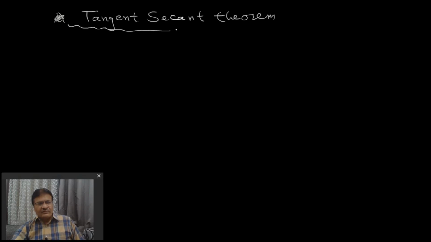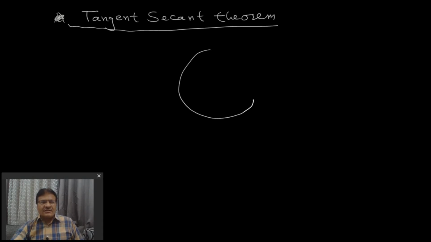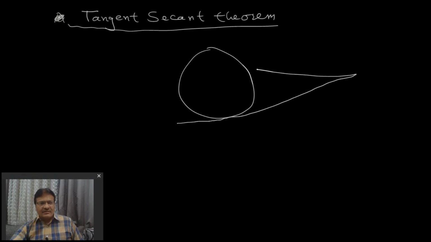First of all, I would like to explain what the theorem is. Suppose this is a circle and this is a tangent. You know what a tangent is? A line which touches the circle at any point, or touches any geometrical figure.